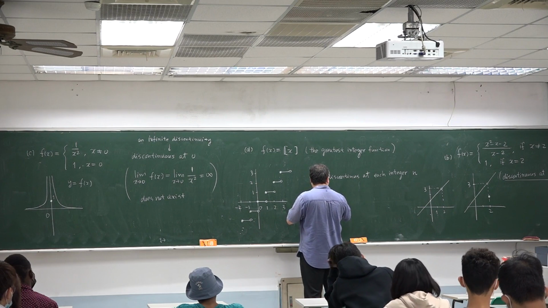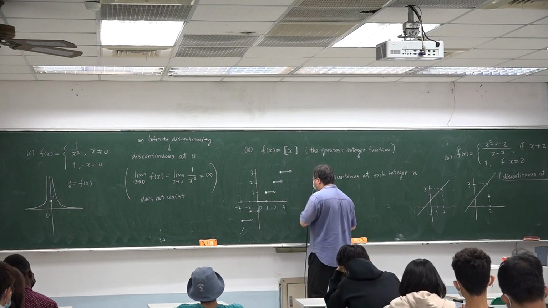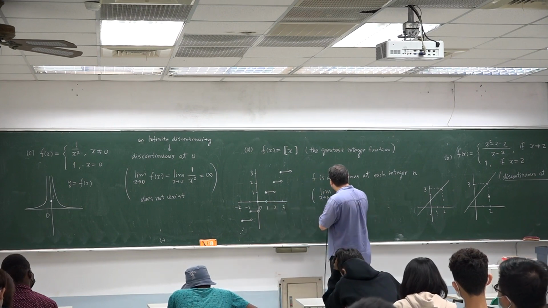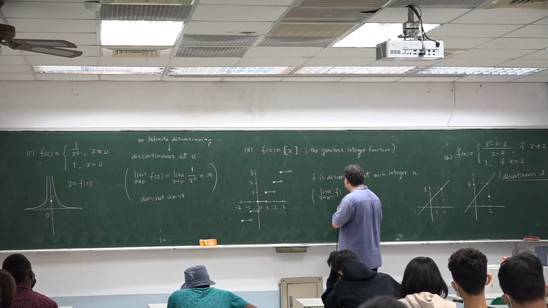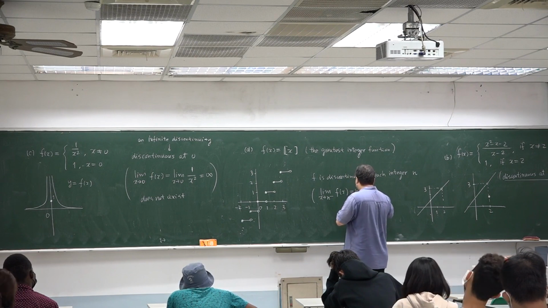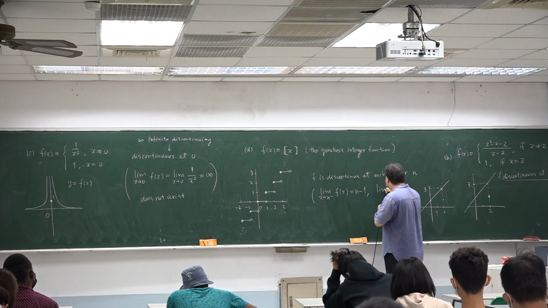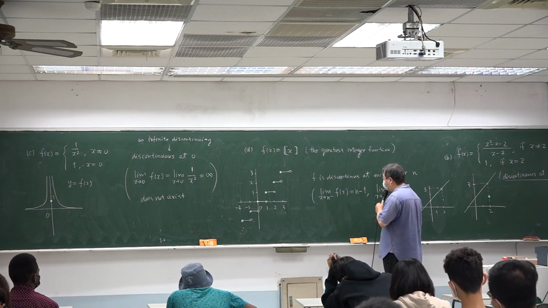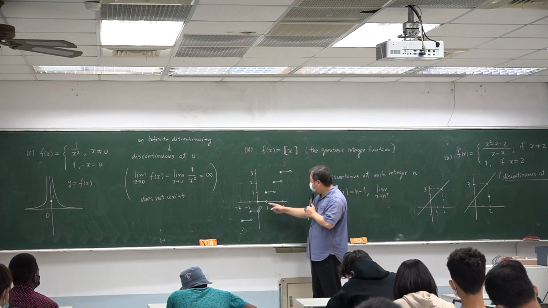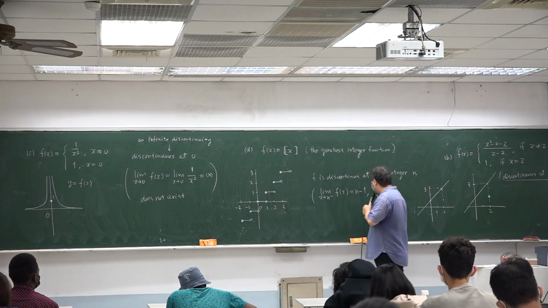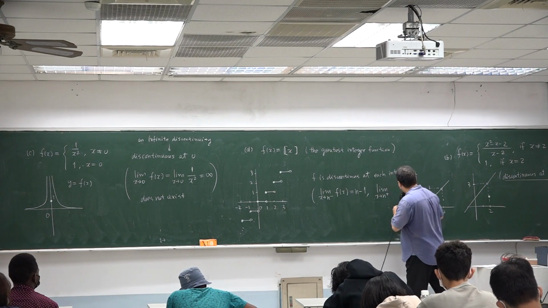In fact, when x approaches n from the left, for example, if n is 1, from the left the value is n minus 1. When x approaches n from the right, for example, 1 from the right, it is the constant function 1.